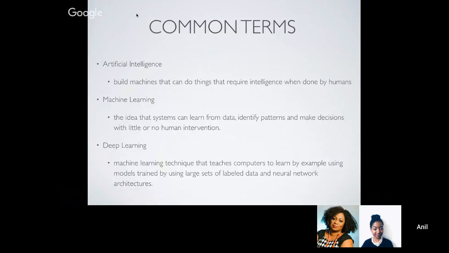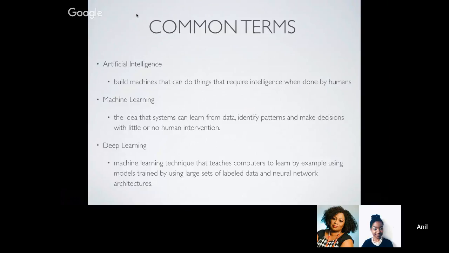So actually trying to get a handle on what these terms mean could be a little difficult. I just want to clarify some of the terms so that in the context of what we'll be presenting, you'll understand where we're going with terms like artificial intelligence and machine learning. So we can start with artificial intelligence.